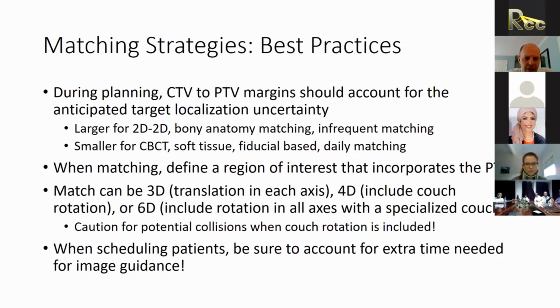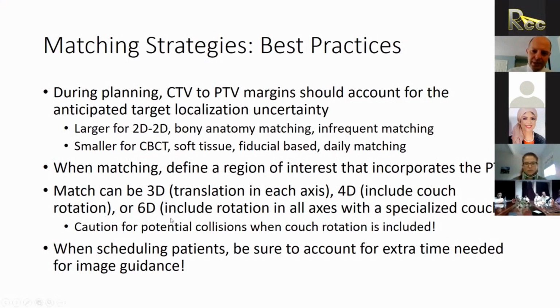Next, the match can be 3D, 4D, or 6D. A 3D match is a translation in 3 dimensions. With 4D, the fourth dimension is a rotation that includes couch rotation, so basically you're matching the translation and allowing a couch rotation.